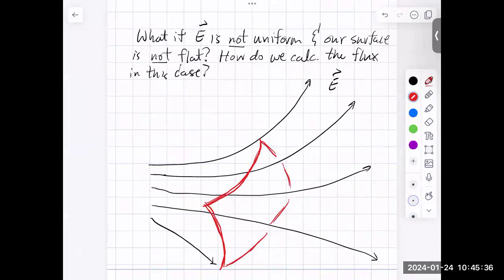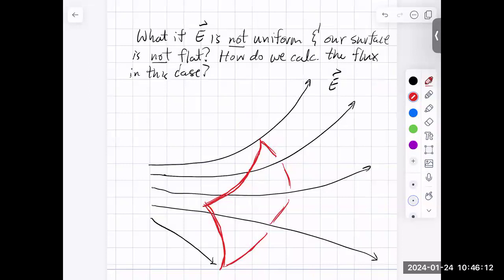All right. So what we're going to do is say, look, I know how to handle a situation where the electric field is uniform and the surface is flat. So I'd like to use what I know about that case and apply it here. But I can't apply it to this full surface because I can see that the full surface is definitely not flat and the electric field is definitely not uniform.